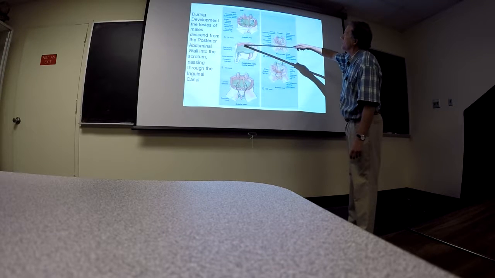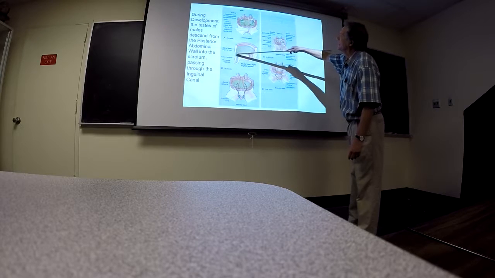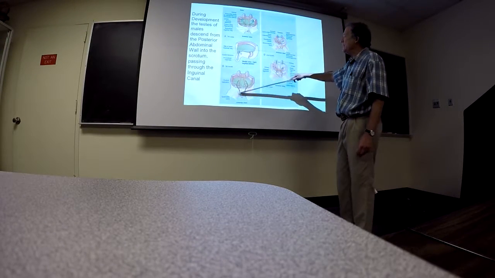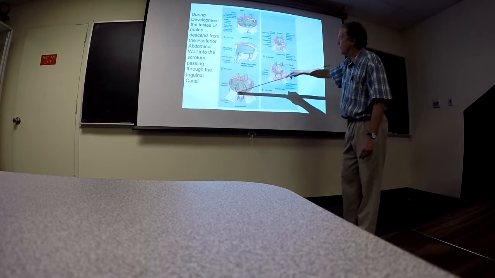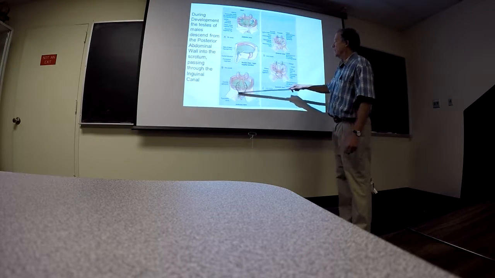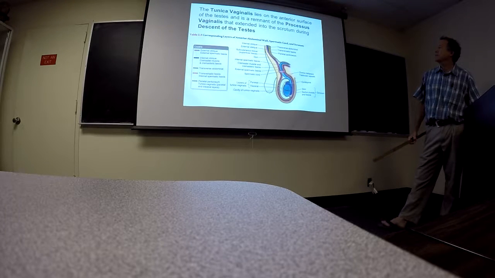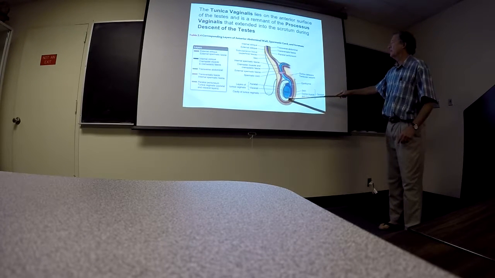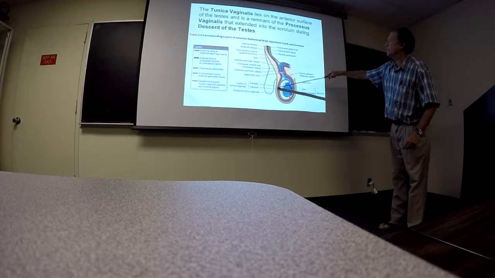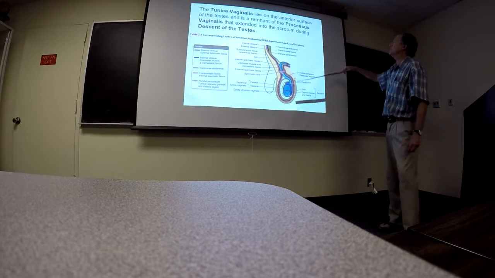When the testes come down, they actually push out a bubble of peritoneum in front of them, and that remains down there. It should get sealed off with development so that there's a sac of what once was peritoneum lying in front of the male testes, and that sac is known as the tunica vaginalis. And then here are these layers that the testes pass through as they descended.